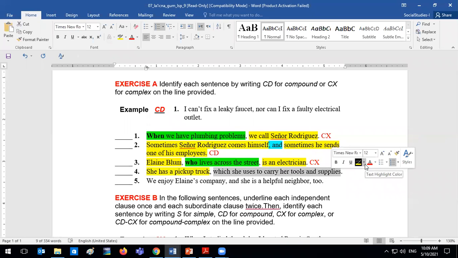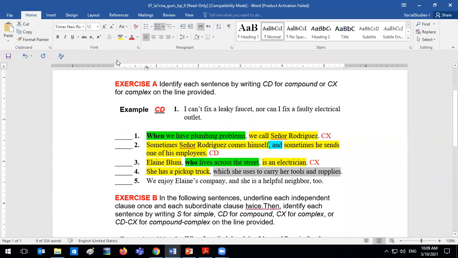Is it? It starts with which, and which is a relative pronoun. So is it an independent or a subordinate clause?